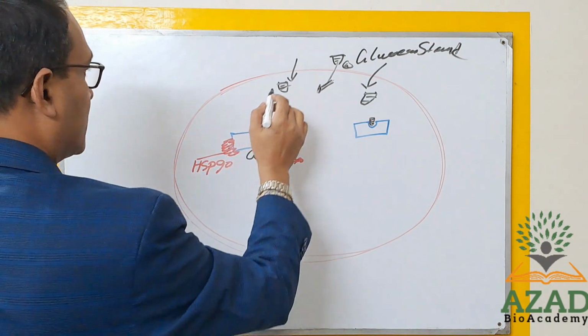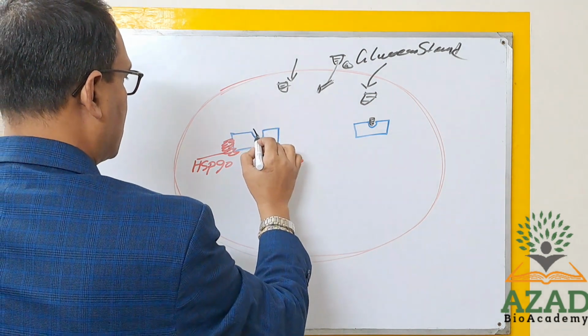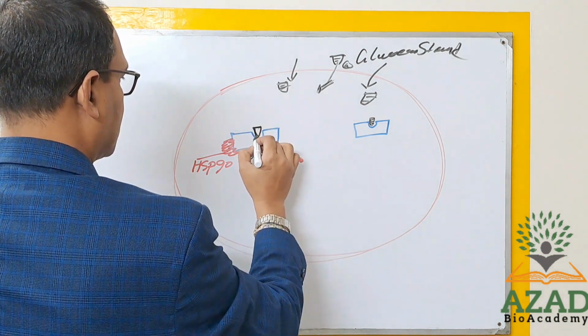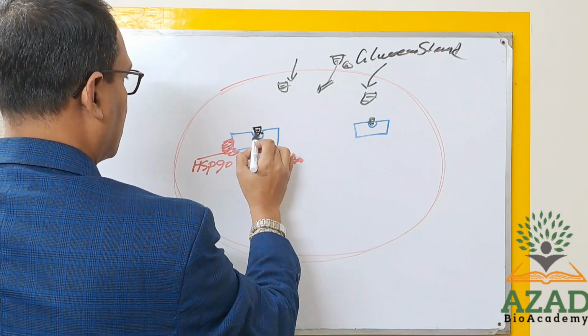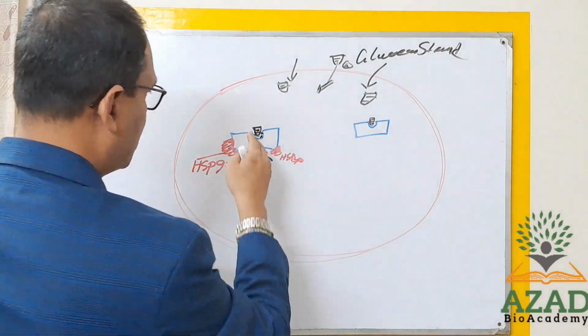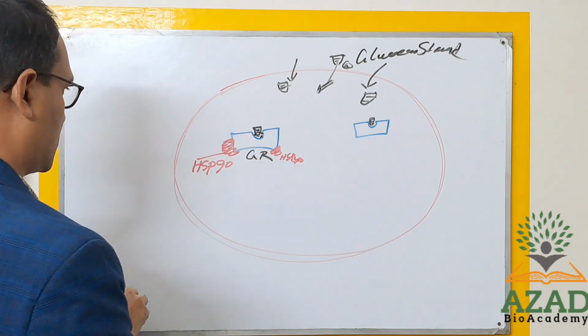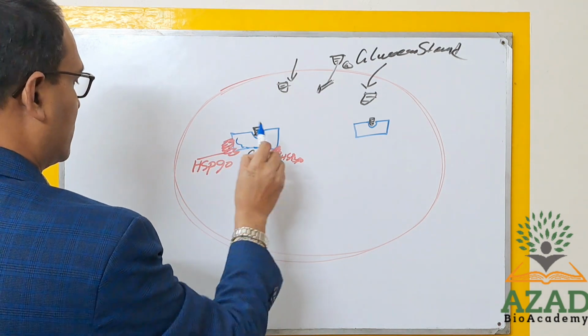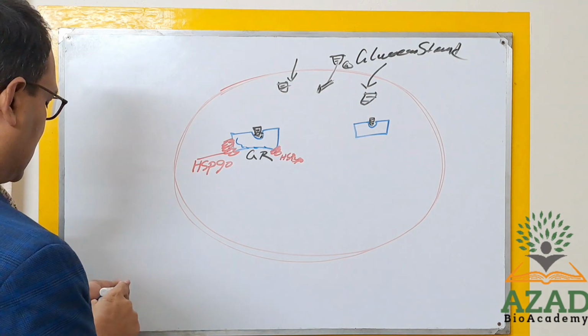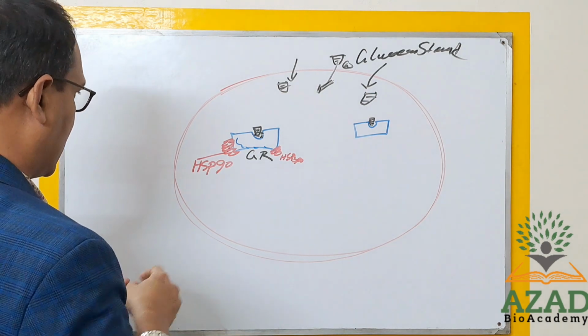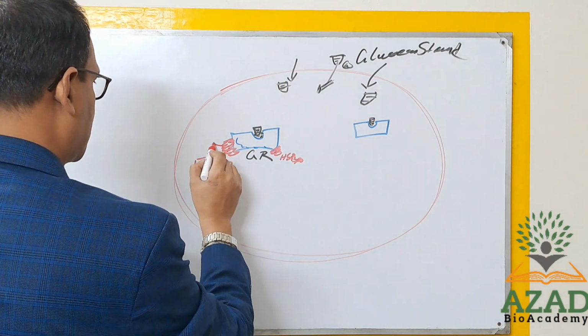So when the glucocorticosteroid will bind here, then it will change the conformation. Conformational change will happen. Then what will happen? Here, the HSP90 will detach.